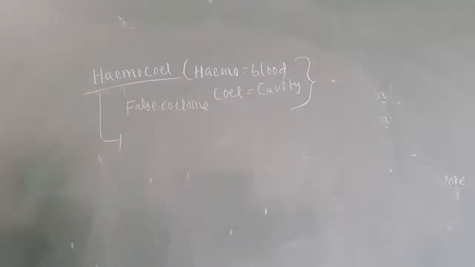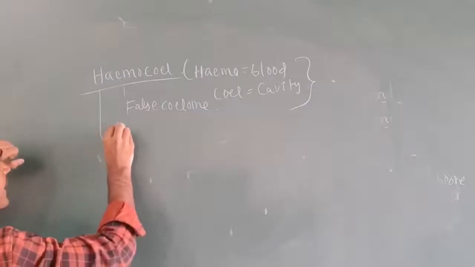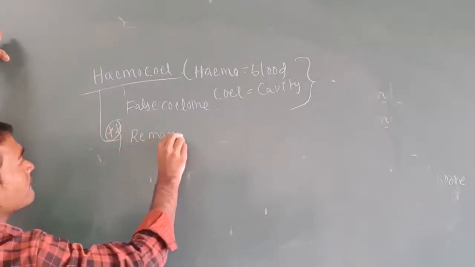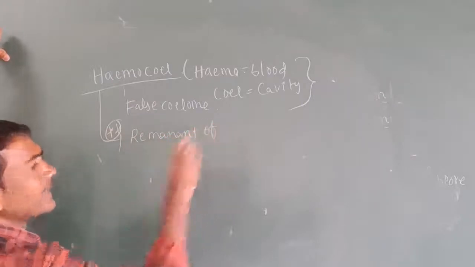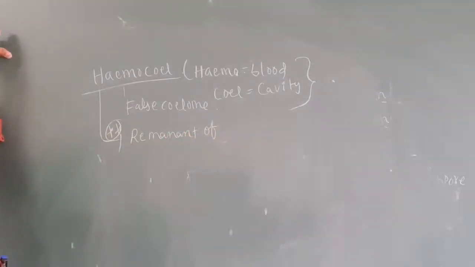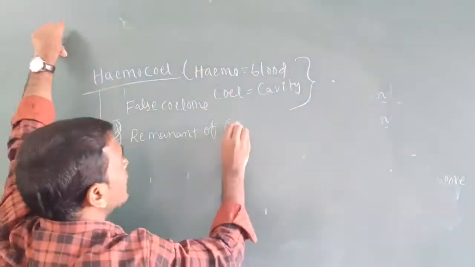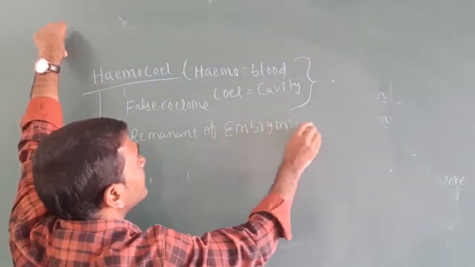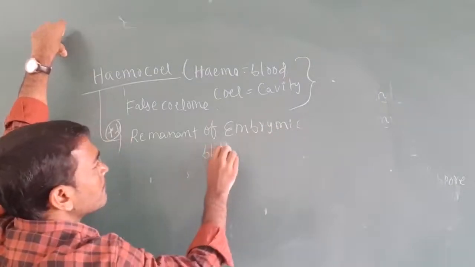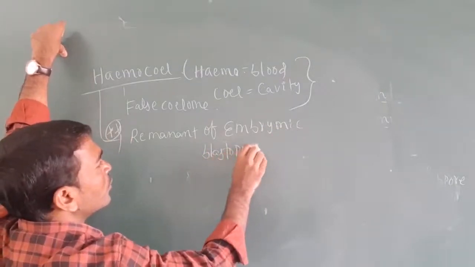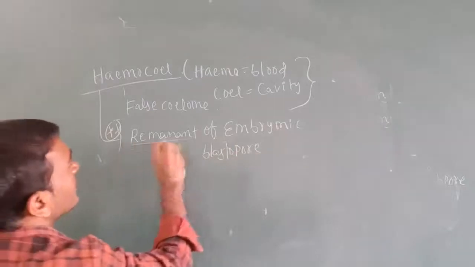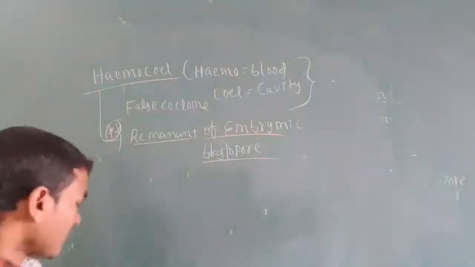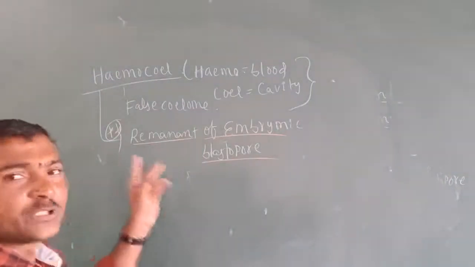The hemocoel is very, very important: a remnant of the embryonic blastopore. Very, very important. The remnant of the embryonic blastopore is the hemocoel. So we will explain the hemocoel as observed in Arthropoda.